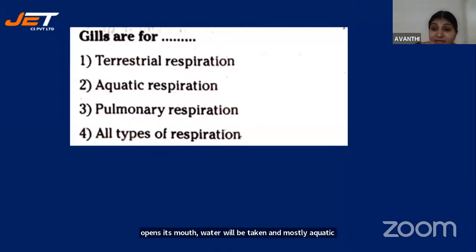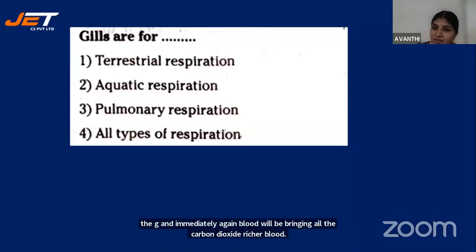That's why the breathing rate, or the rate of respiration, is higher in aquatic organisms when compared to terrestrial organisms. When they take in water, that water contains dissolved oxygen, which moves to the gills, and immediately the blood brings the carbon dioxide rich blood. Oxygen is diffused from the water into the blood, and CO2 is given out into the water.